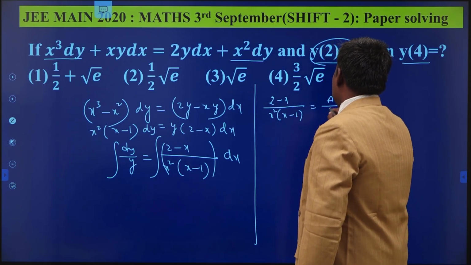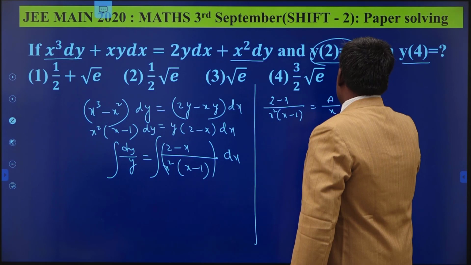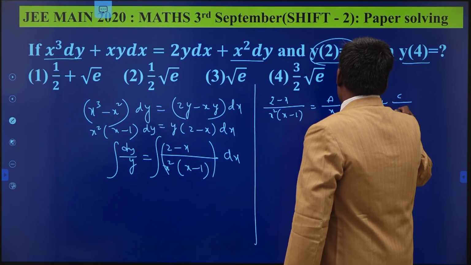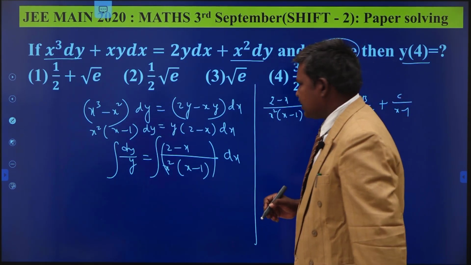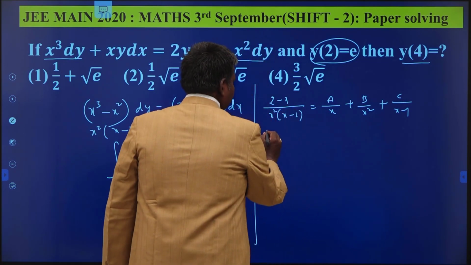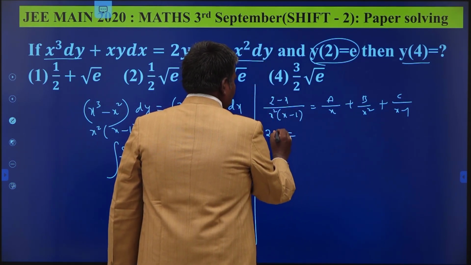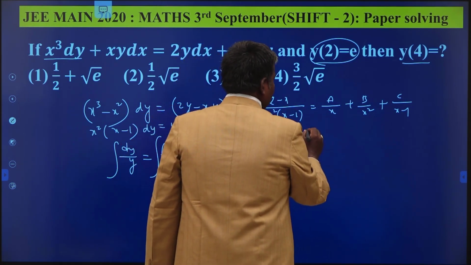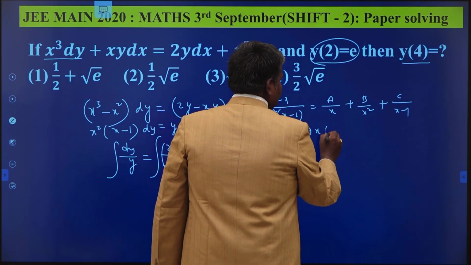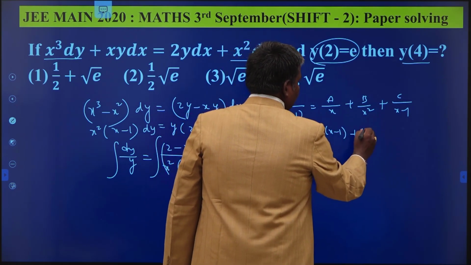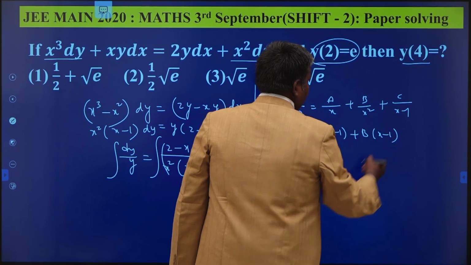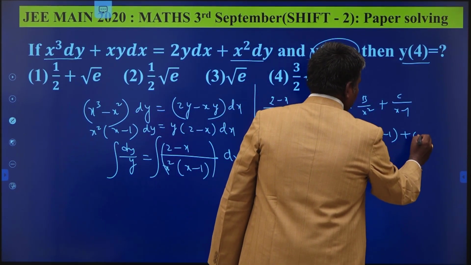This is nothing but a by x plus b by x square plus c by x minus 1. Partial fractions. 2 minus x is equal to a into x times (x minus 1) plus b times (x minus 1) plus cx square.